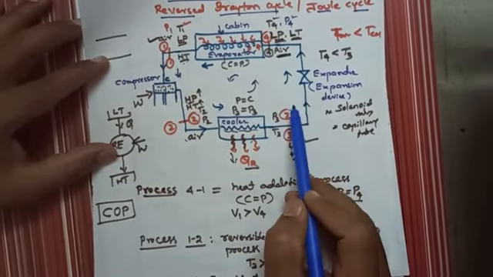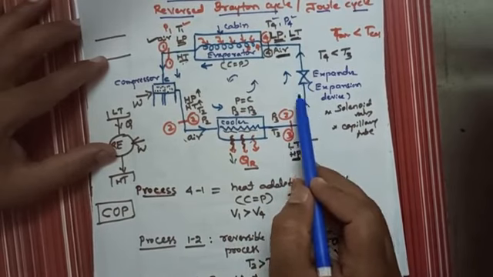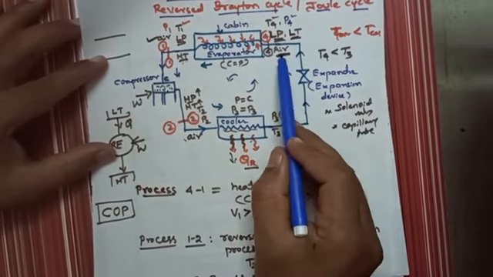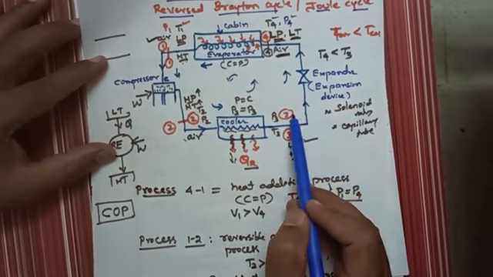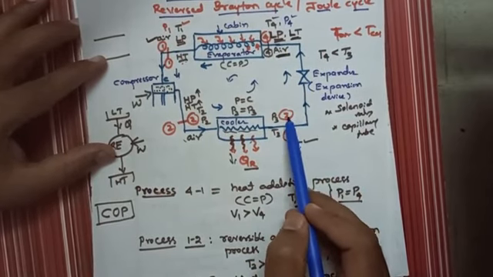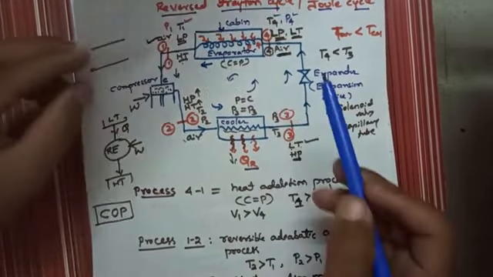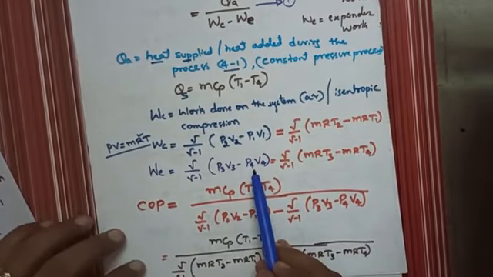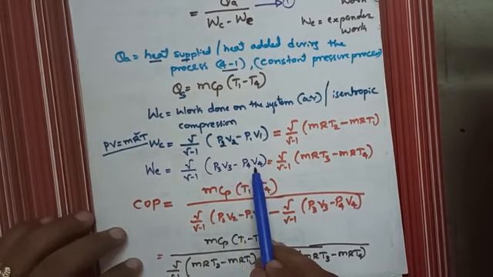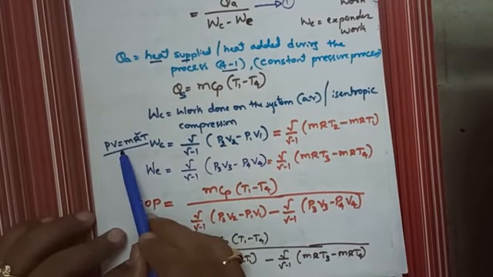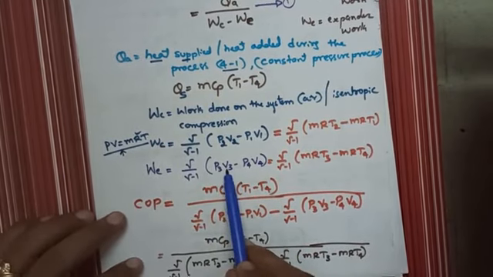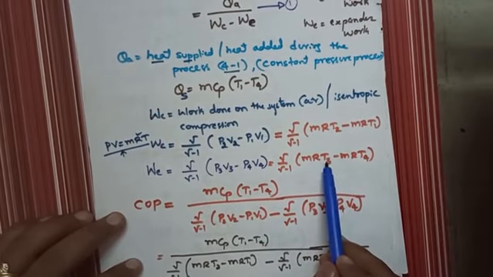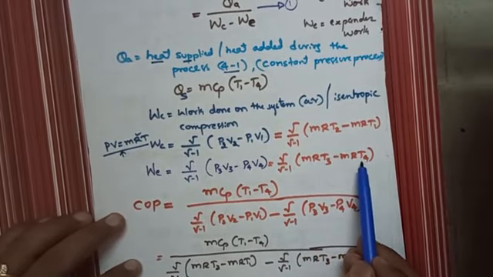Which pressure is more, the pressure before expansion or after expansion? The pressure before expansion will be more. So highest pressure first, minus lower pressure. That is the reason here it is P3V3, since P3 is more than P4. So P3V3 minus P4V4. Again using the ideal gas equation, I will write it in terms of temperature, mRT3 minus mRT4.